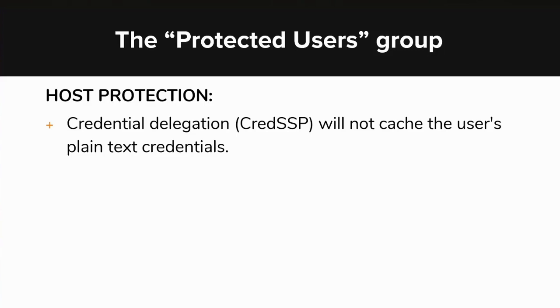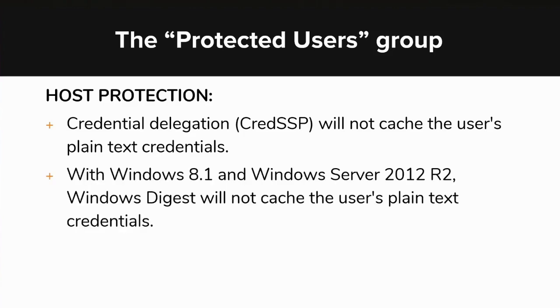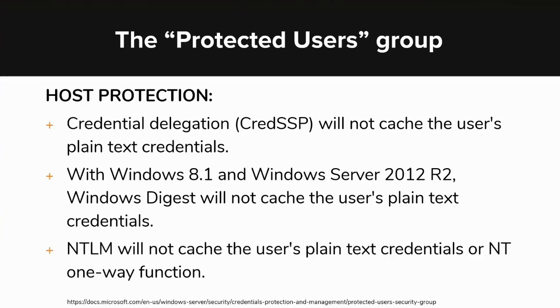So tools like Mimikatz should not be able to export any credentials of privileged users that are members of protected users. With Windows 8.1 and Server 2012 R2, WDigest will also not cache plaintext credentials when users are a member of this group. NTLM will not cache its NTLM hash, and that's absolutely fantastic, because we're not talking only about not caching plaintext credentials, but we're also not caching NTLM password hashes.